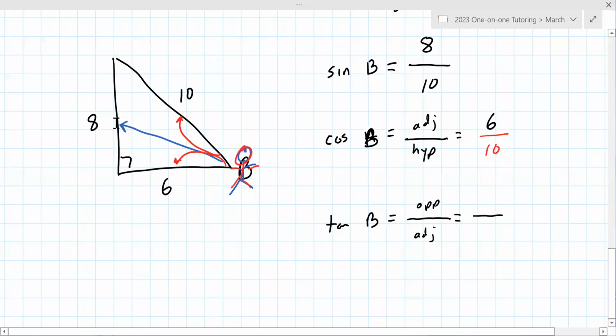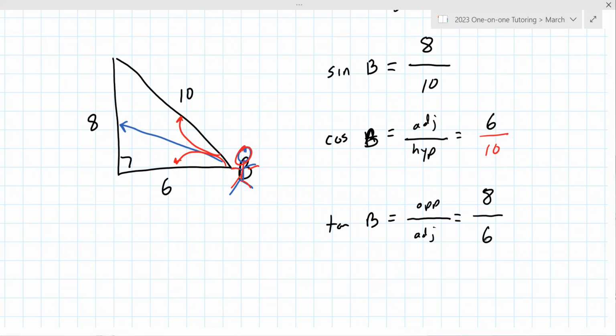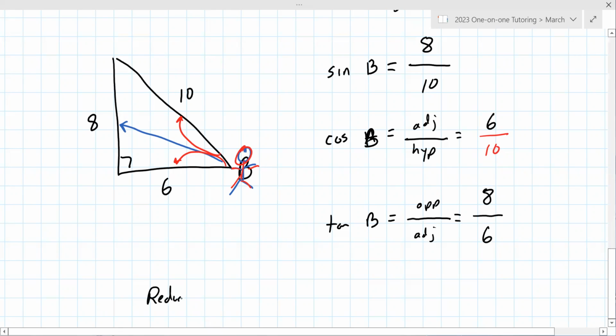So it'd be 8 over 6. Yes. Now there's one small issue with all of these answers, and it's not anything you've done wrong. It's that you have to reduce the fractions. So in the first problem, you would reduce this to 4 over 5, 3 over 5, and 4 over 3.